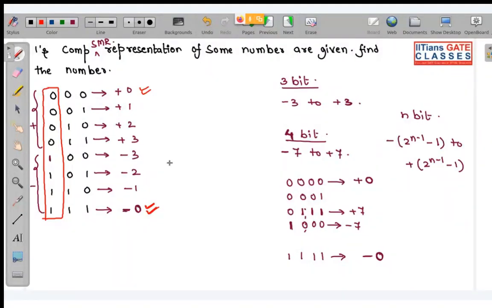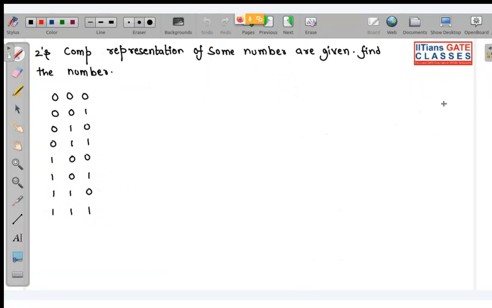So let us see how we overcome this problem in 2's complement. Note this down very quickly and let me know. Noted? Okay, now I have taken the same numbers, and I want you to find the equivalent number.